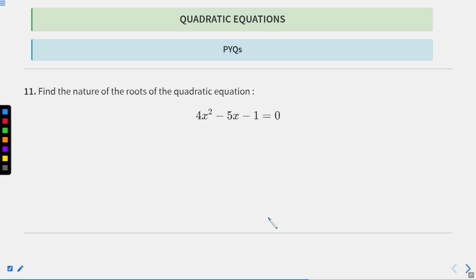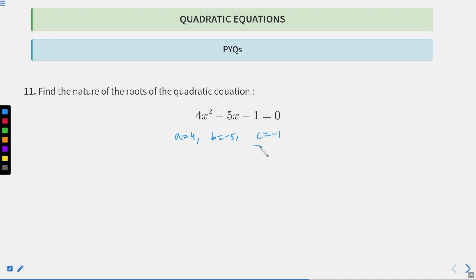First of all, you have to compare this quadratic equation with the standard equation ax square plus bx plus c is equal to 0, and then we get the values of a, b and c. The value of a is 4, b is minus 5, and c is equal to minus 1.